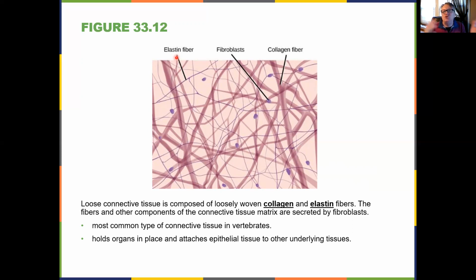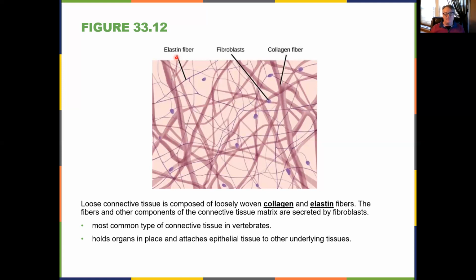Therefore, we can control the physical properties of these connective tissues by regulating the ratio of collagen fiber to elastin fiber. Loose tissue has a bit more elastin fiber than collagen fiber.